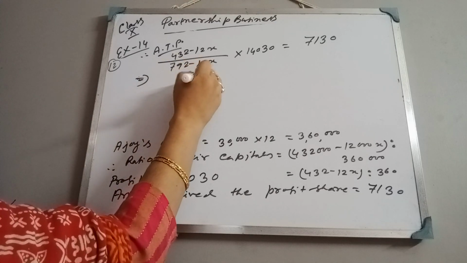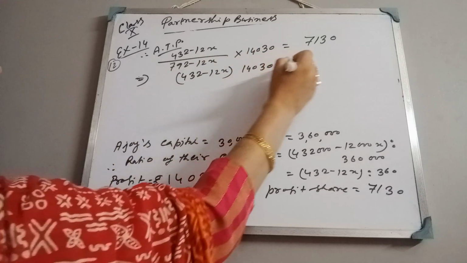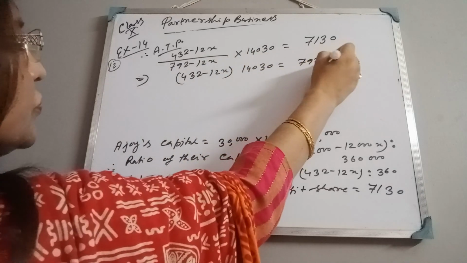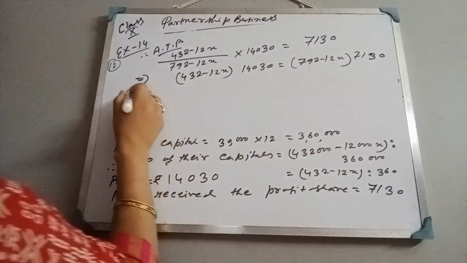Only the equation is written, now we will just calculate. So 432 minus 12x into 14030, and here 792 minus 12x into 7130.